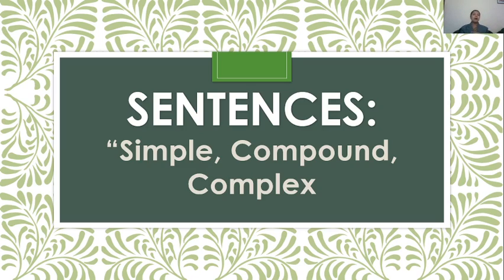Because I'm going to use these terminologies, finite verb, independent clauses, dependent clauses, frequently while explaining simple, compound, and complex sentences, don't get confused. Finite verbs are the verbs, helping verbs, auxiliary verbs.